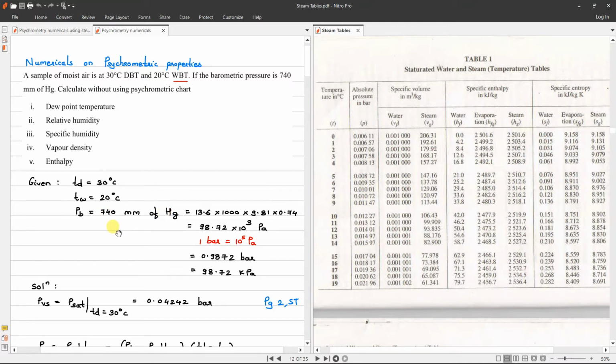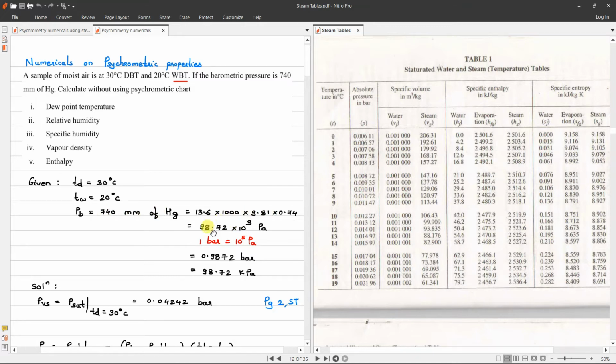Now how to convert a height of pressure column into a pressure value in Pascal, kilopascal or bar? Pressure is equal to rho g h. What is the density of mercury? 13.6 into 1000, into g 9.81, into h. Height we have to substitute in meter, so 0.74.